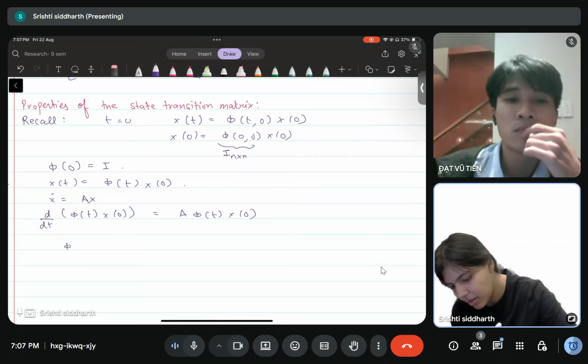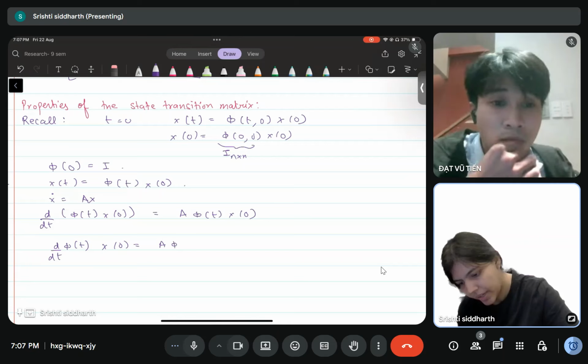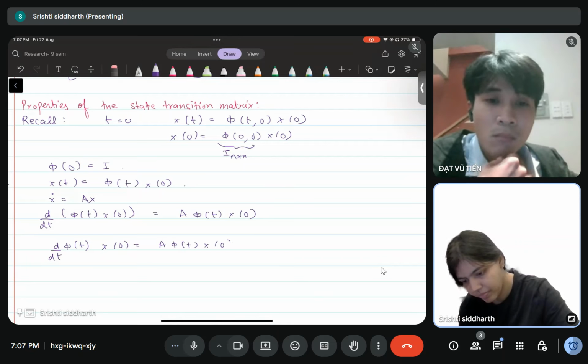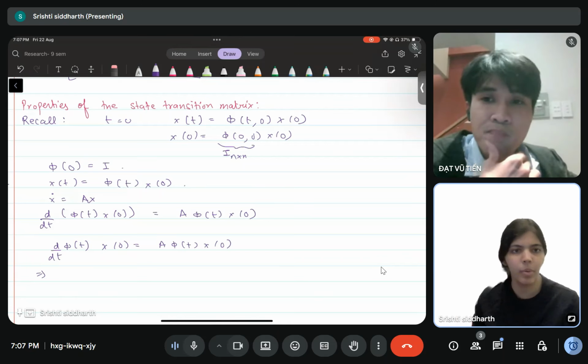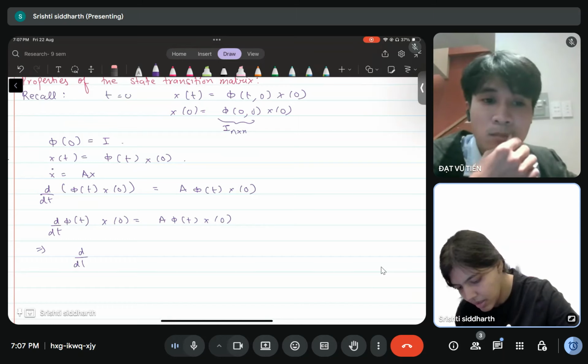This is simply d by dt of phi(t) x0 equals A phi(t) x0. So this gives us a very important property of the state transition matrix, that its derivative is simply A times phi.